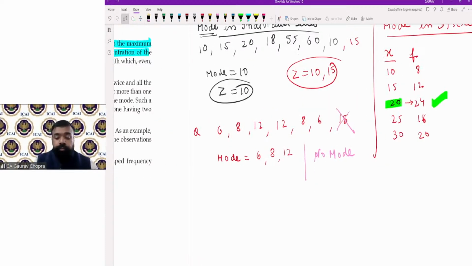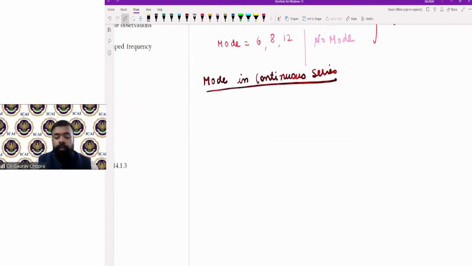Now, if the situation is about continuous series, mode in continuous series. So in continuous series, there will be a formula.